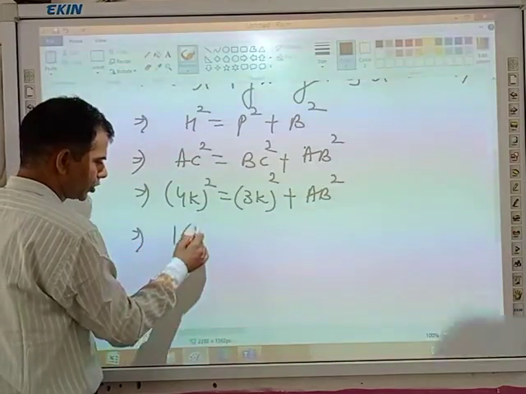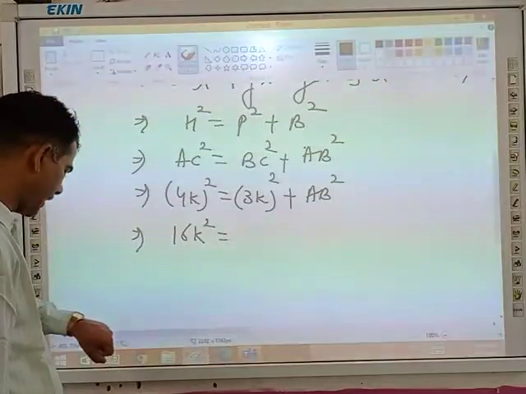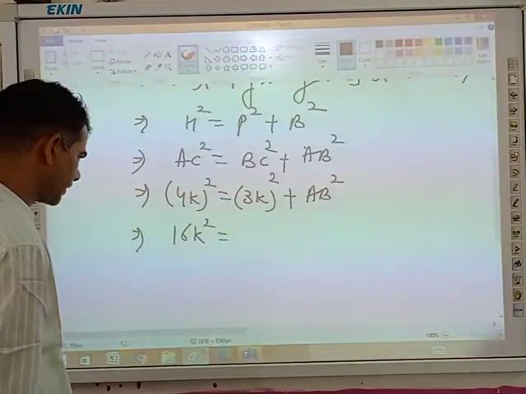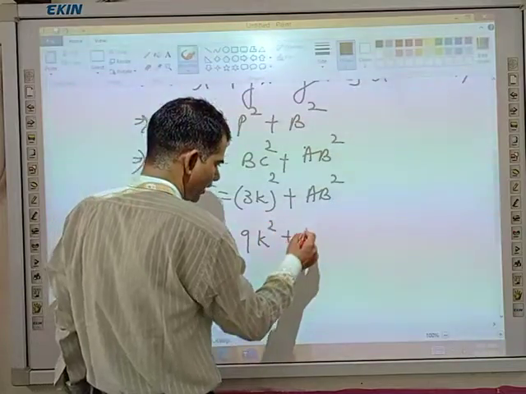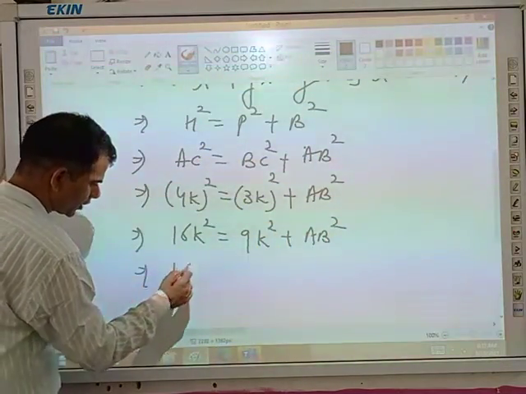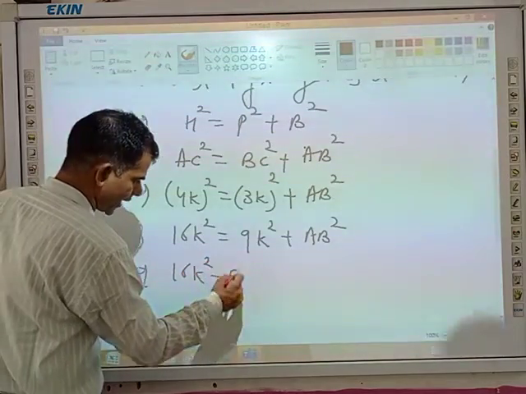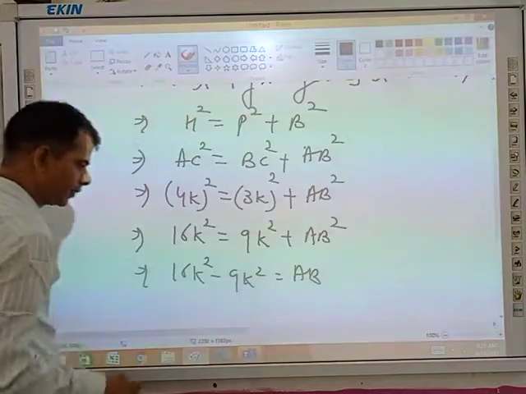Now it is 16K square, since the square of 4 is 16 and the square of K is K square, equals 9K square plus AB square. It becomes 16K square minus 9K square is equal to AB square.